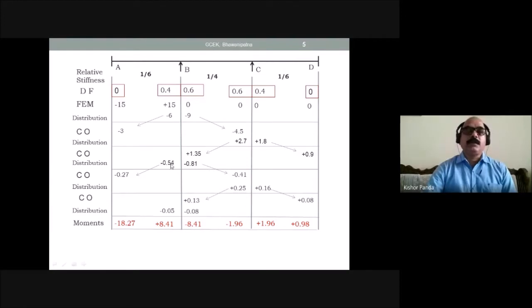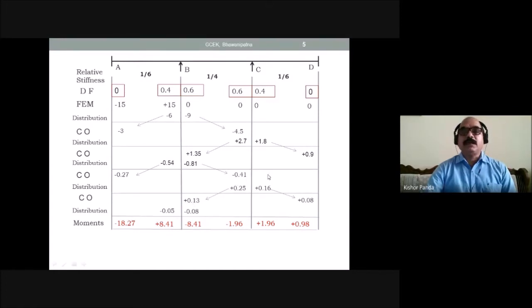So half of this moment will carry over to this end. This is 0.54, and here this will carry over, minus 0.27, and here minus 0.81, and half of this moment will carry over this side, minus 0.41. So this is the carryover. Once again you go for the distribution or balancing of the moment. So here minus 0.27 into 0, this is 0, and here what is the net moment at joint C?